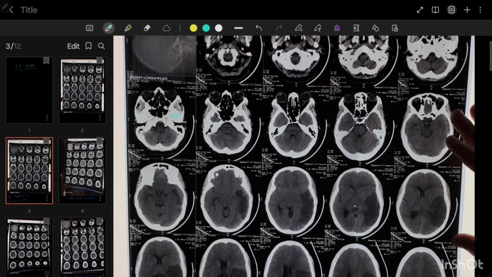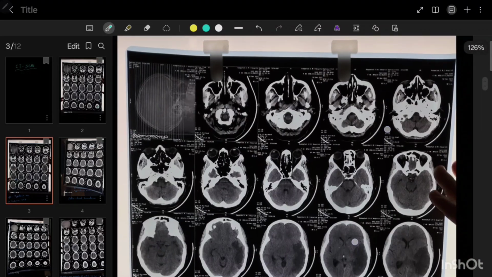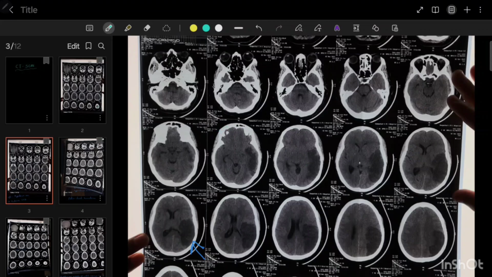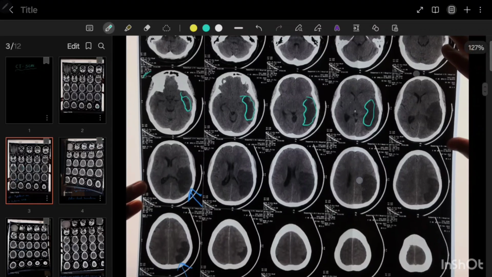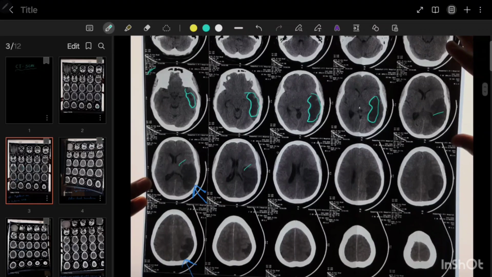Now see in this CT plate, you can see here the hypodense area, here also the hypodense area, and the hypodense area is getting bigger. All these plates have a hypodense area on the left side.